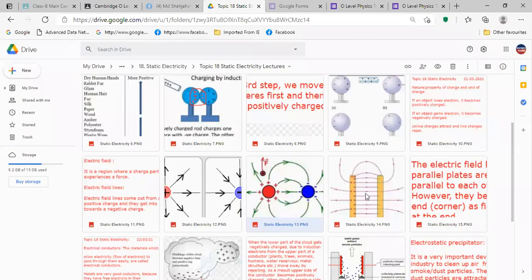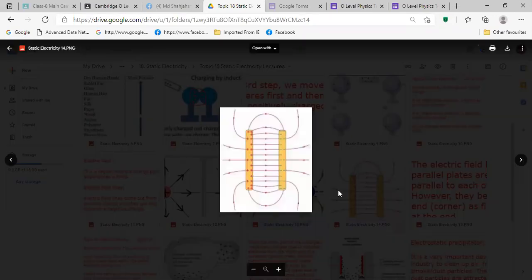Now you are getting another exclusive thing, that is here we have two parallel plates.